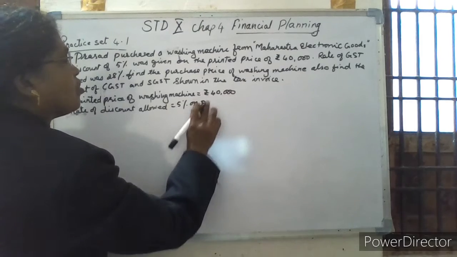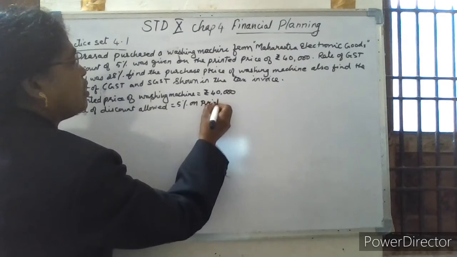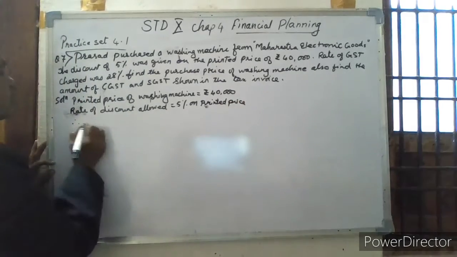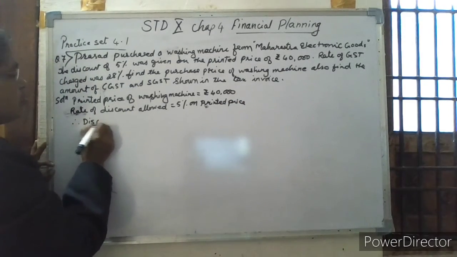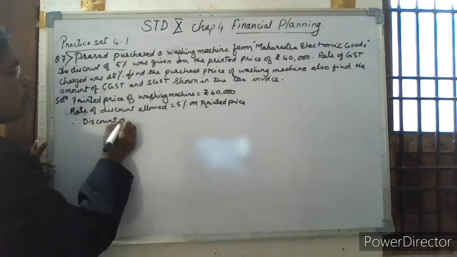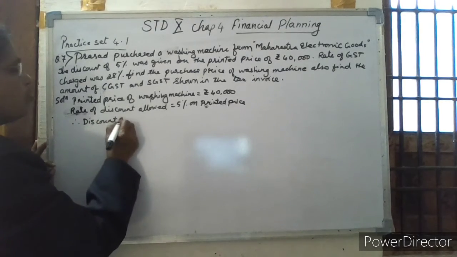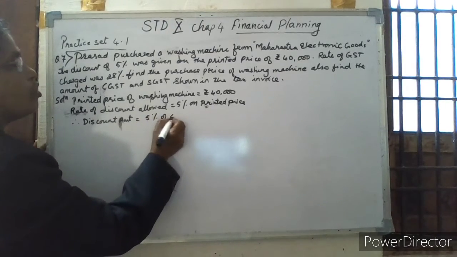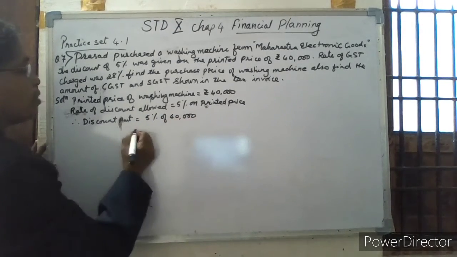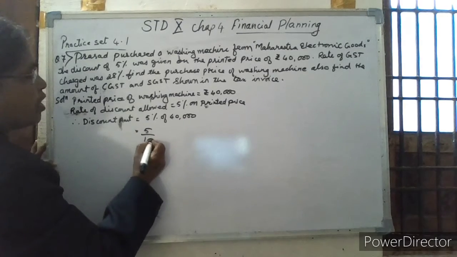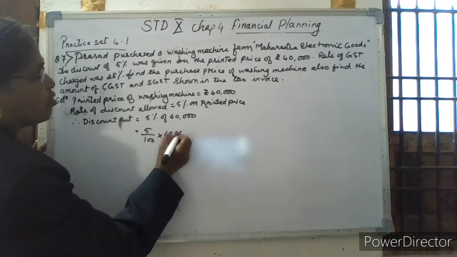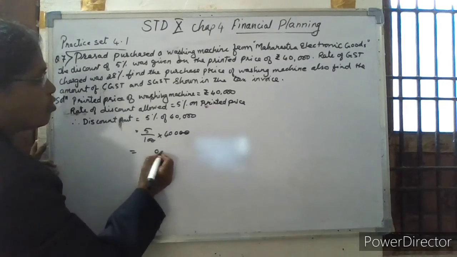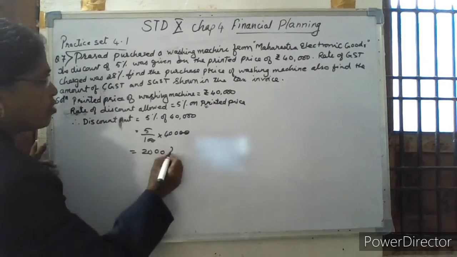Therefore, discount amount is equal to 5% of this 40,000, that is the printed price. That is equal to 5 by 100 into 40,000. 0 0 cancels, so that is equal to 4 5s are 20, 2,000 rupees the discount.